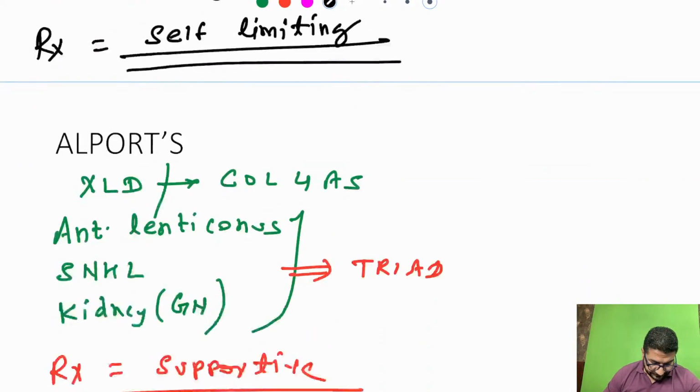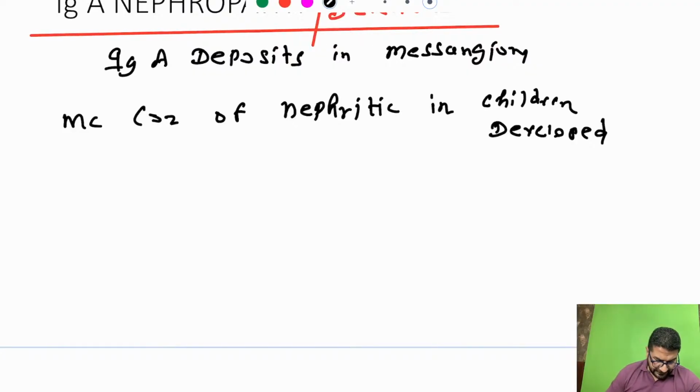Right. Now coming to this, okay, Apeksha, NEET PG exam is on 3rd August. So in July, I'll take session of NEET PG as well. So IgA nephropathy is the most common cause of nephritic syndrome, mainly seen in children.